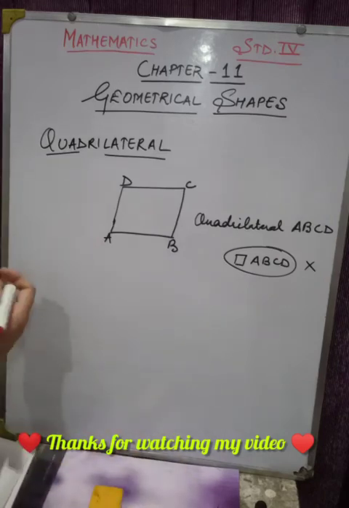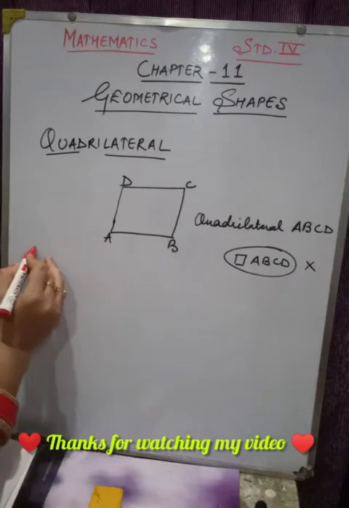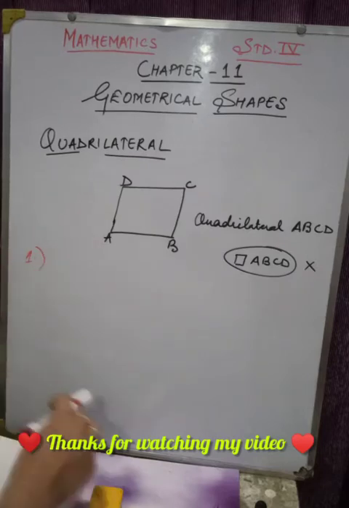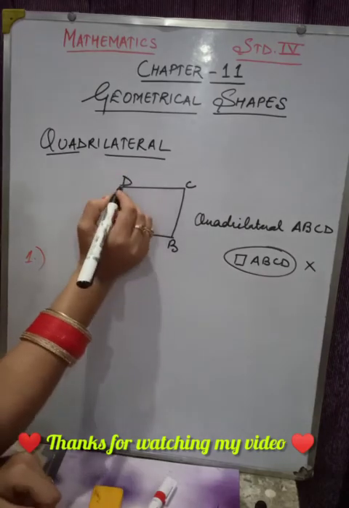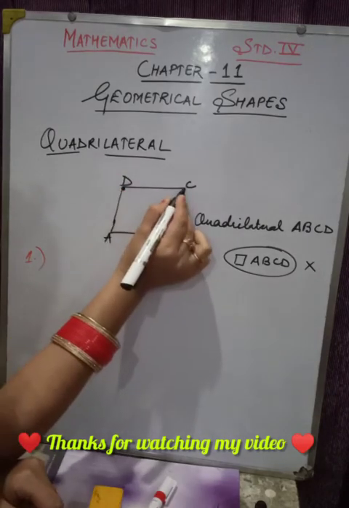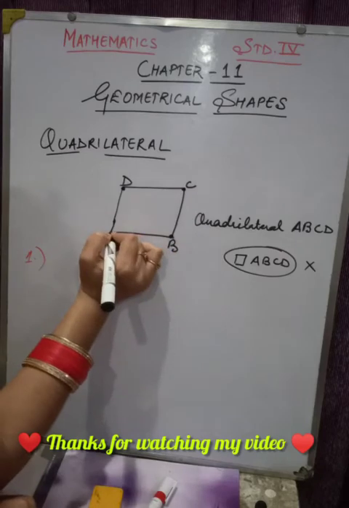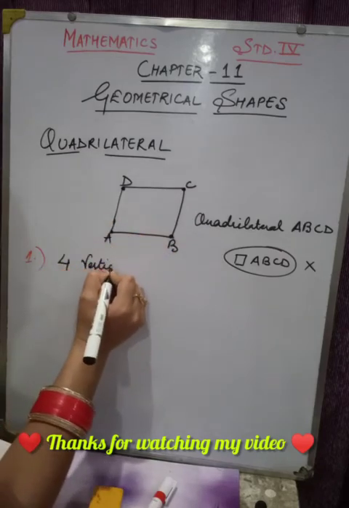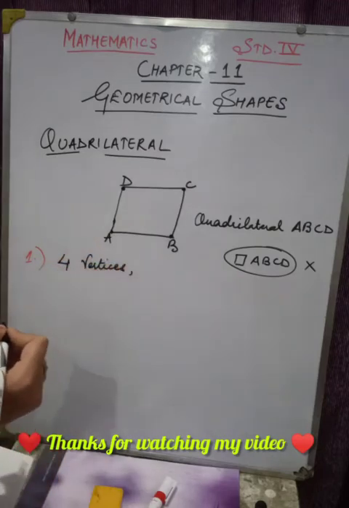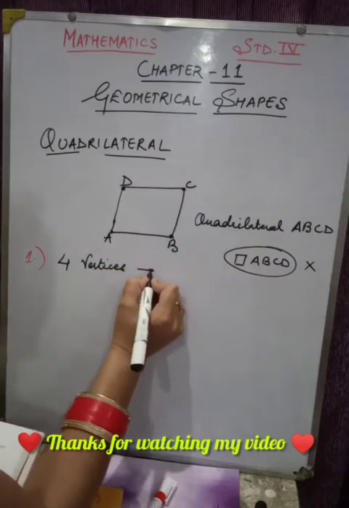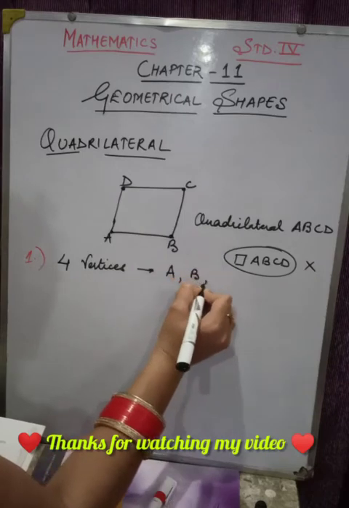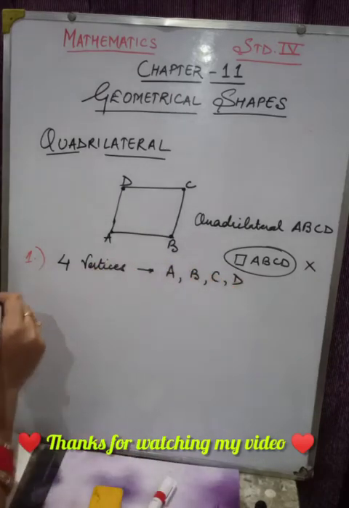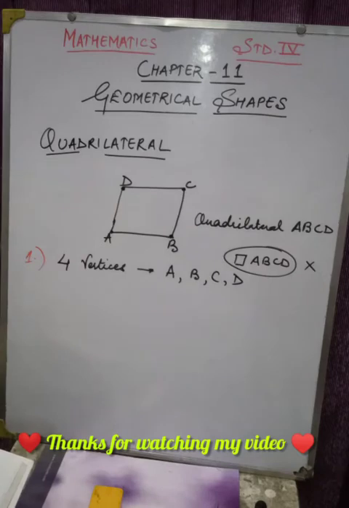The first property is quadrilateral has 4 corners, corner means vertices, 1, 2, 3 and 4. 4 vertices, that we can write as A, B, C and D. So next property is a quadrilateral has 4 sides.